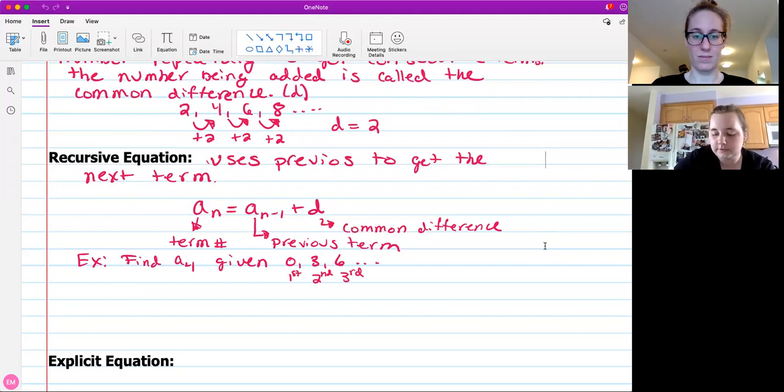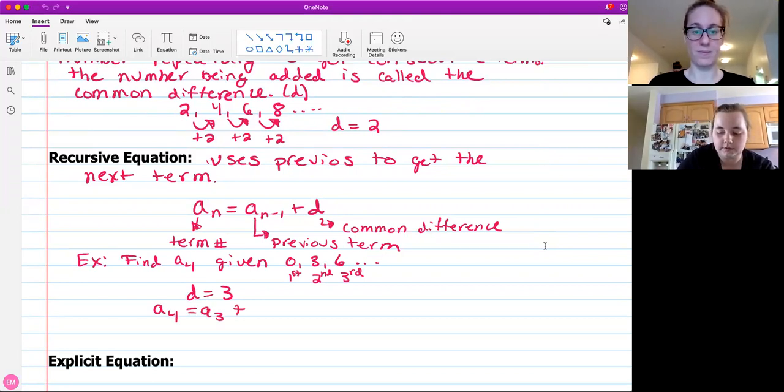And our common difference here is 3, because we added 3 each time to get the next number. To use the recursive formula, we want a4, so we use a3 plus the common difference, 3, to find the next term. So a4 equals 6 plus 3, so a4 is equal to 9.